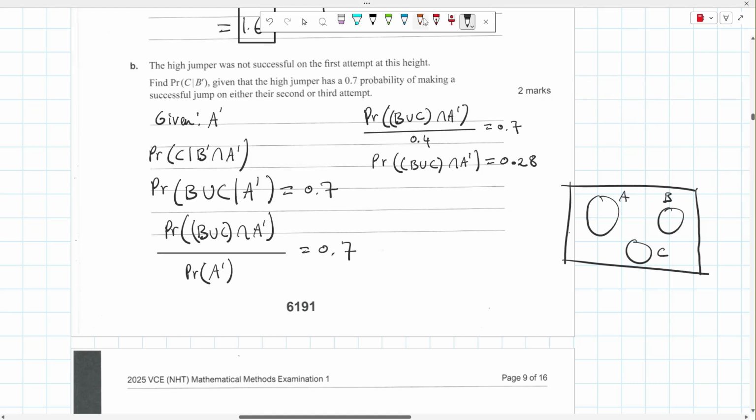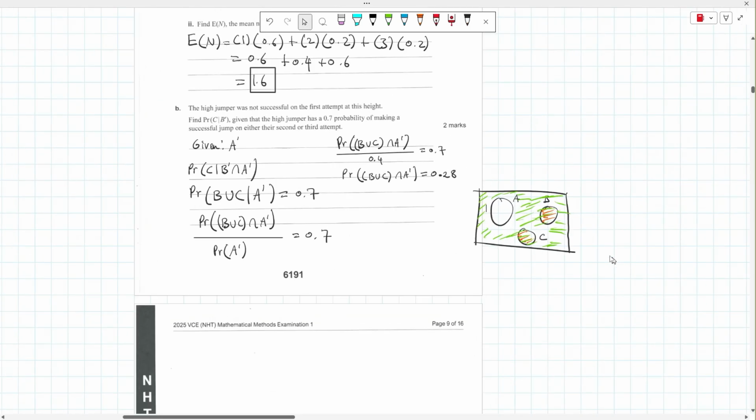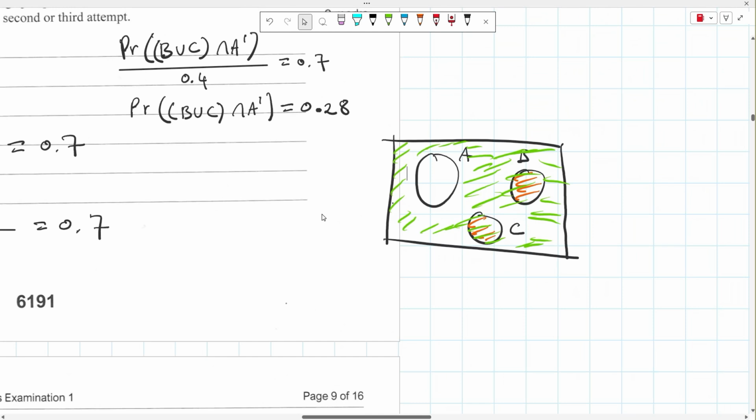So B or C, so B union C, represents this. A complement represents this. It just represents everything that's not A. Now, where do those two overlap? Where do they intersect? Well, they just intersect at the orange parts.